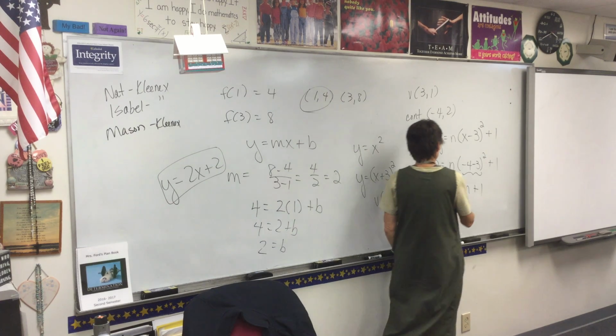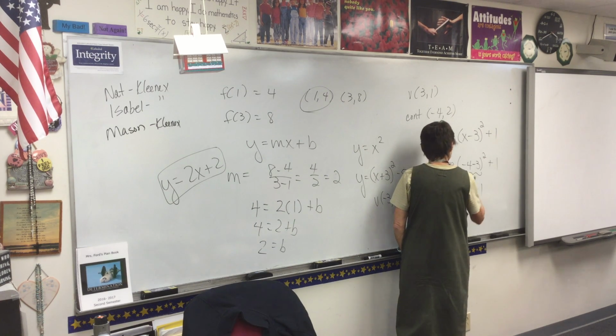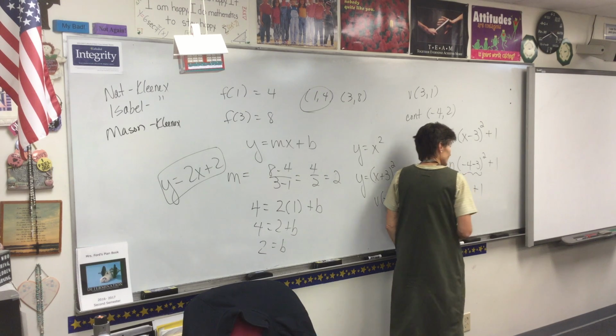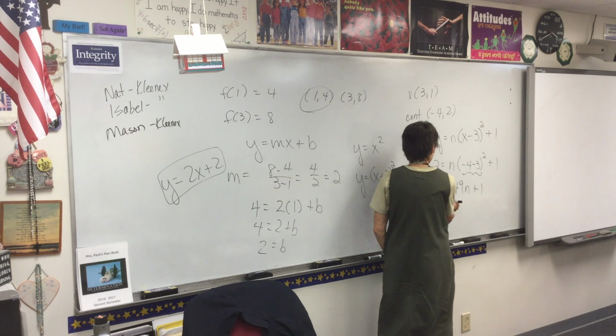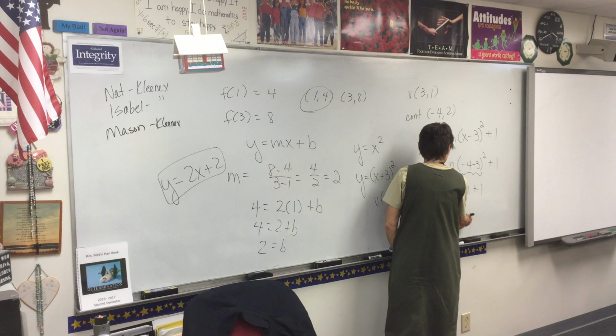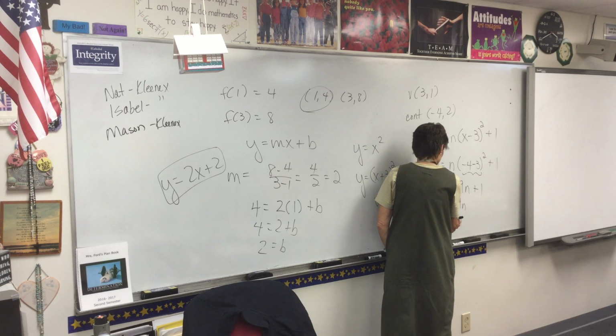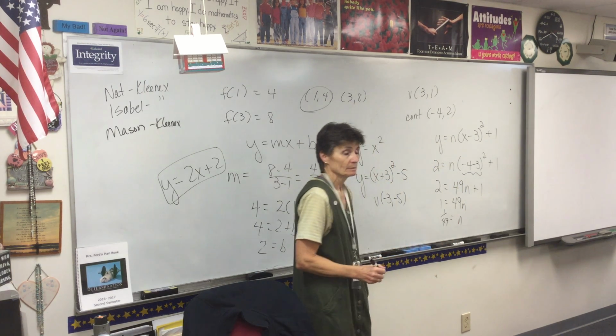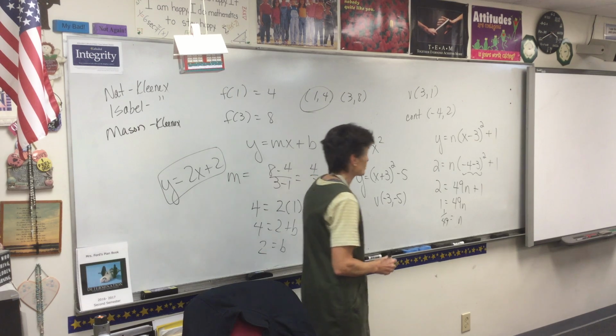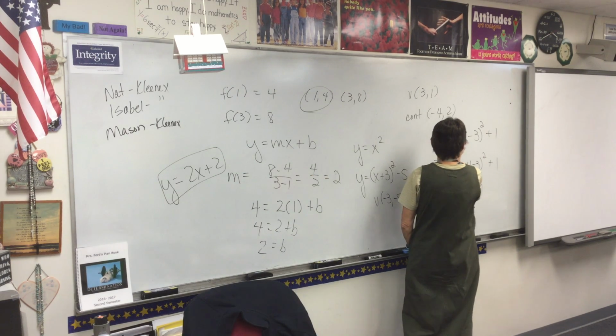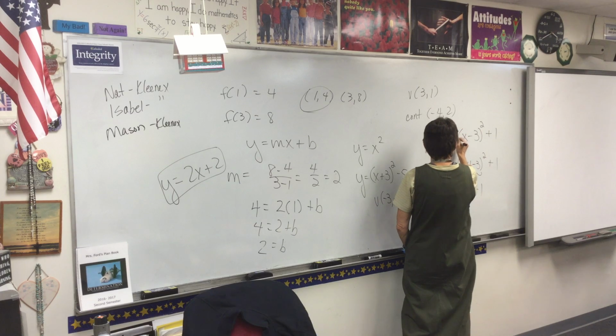Do not combine these. They don't combine. This one has an n. So we'll subtract 1 and divide by 49. So in the answer blank, we will write this.